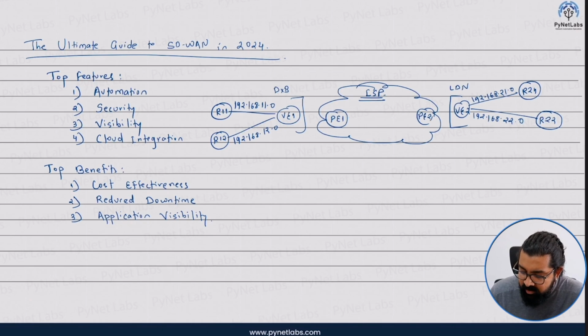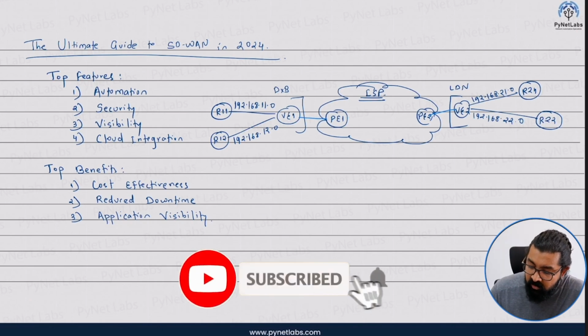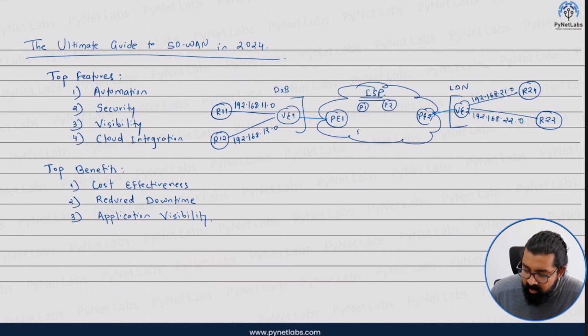The customer edge device connects from here to here and from here to here, right? Internally, the provider has its own infrastructure. So we have P1, P2, P3, and P4, and they are all connected in this fashion.